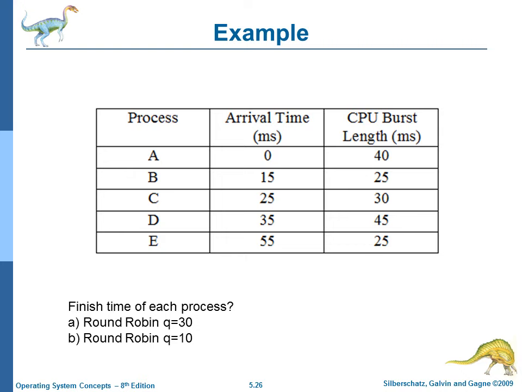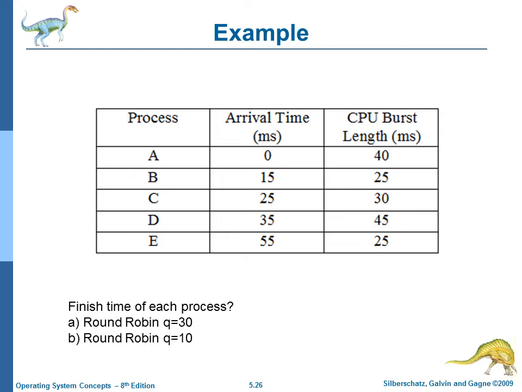But a real system involves overhead for every context switch, and the smaller the time quantum, the more context switches there are. Most modern systems use a time quantum between 10 and 100 milliseconds, and the context switch times are on the order of 10 microseconds.